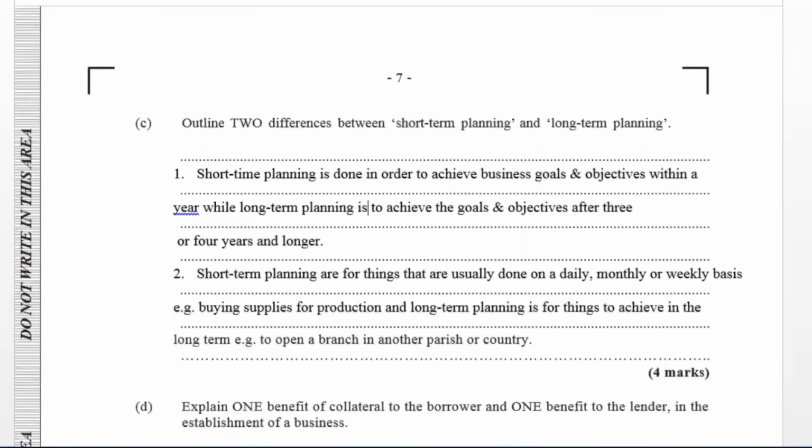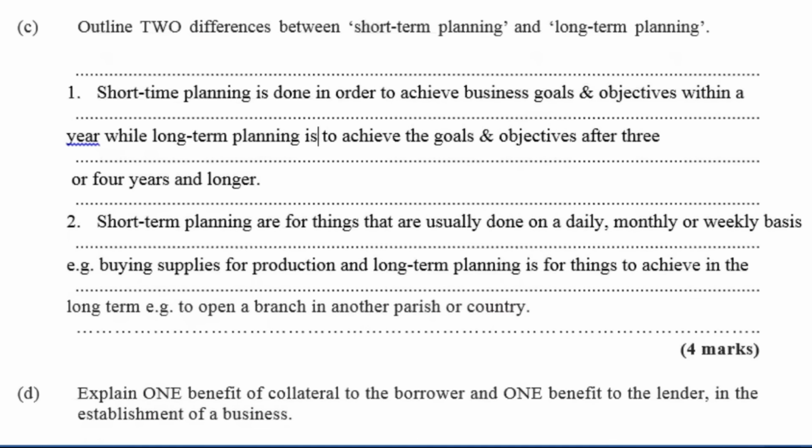Okay? Next question. Explain one benefit of collateral to the borrower and one benefit to the lender in the establishment of a business. Now, the key thing is that you must remember what is a collateral.